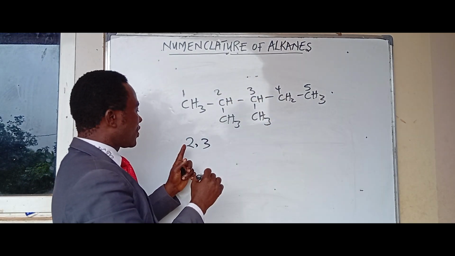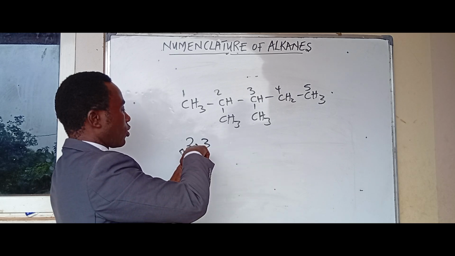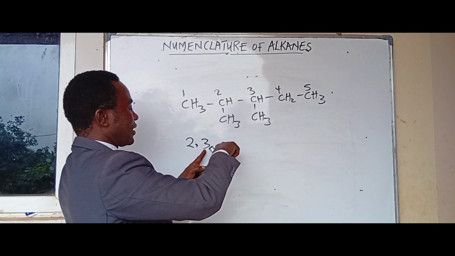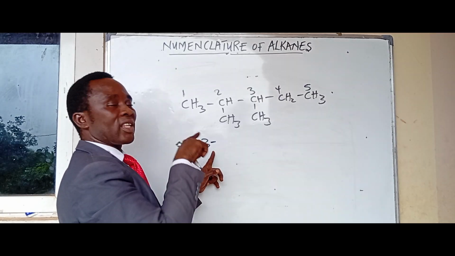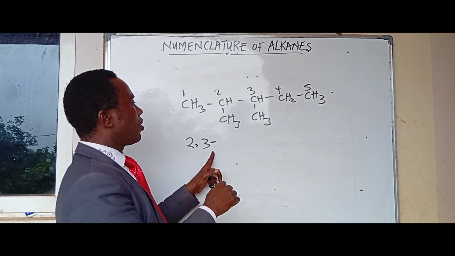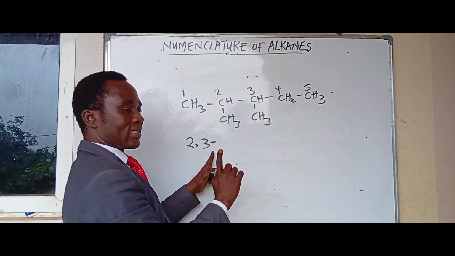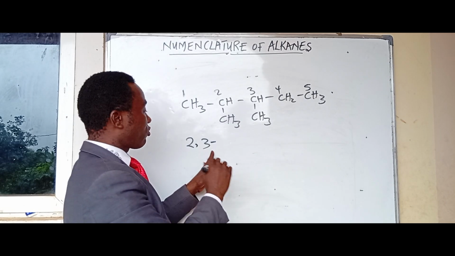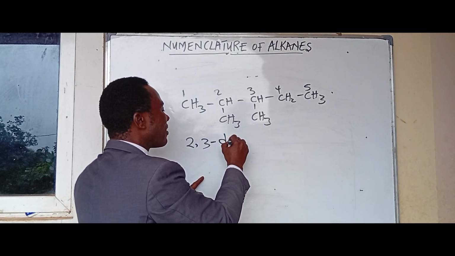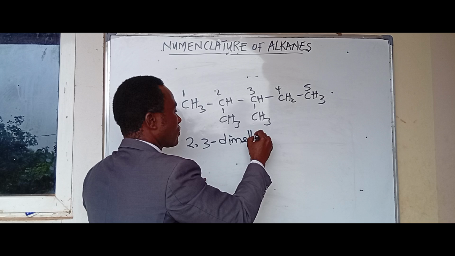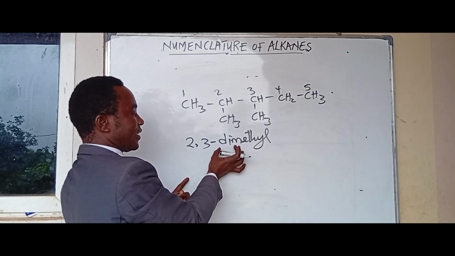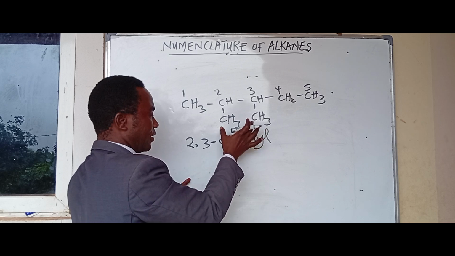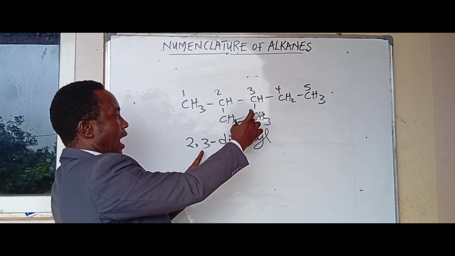Then you put your hyphen to separate numbers from letters. Now, how many methyl do we have? We have 2 methyl. So it will have to go with the name dimethyl. That is 2 methyl placed at number 2 and number 3.